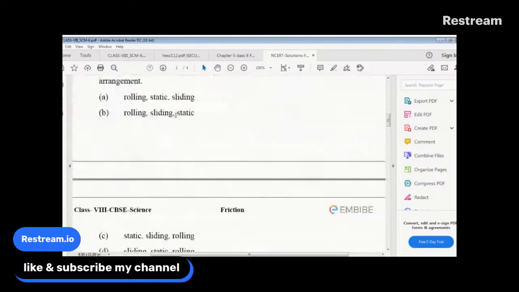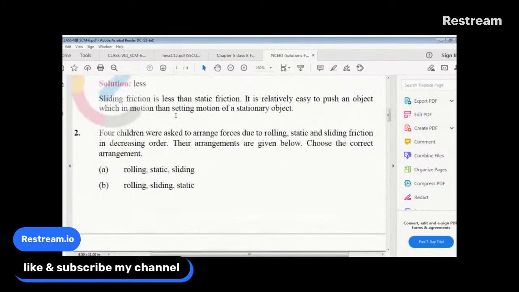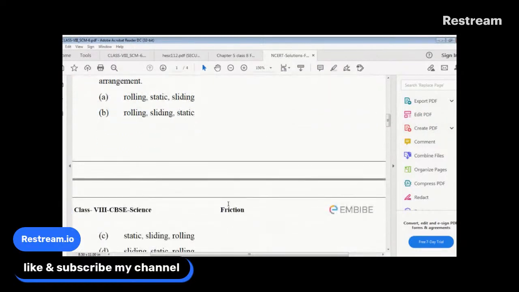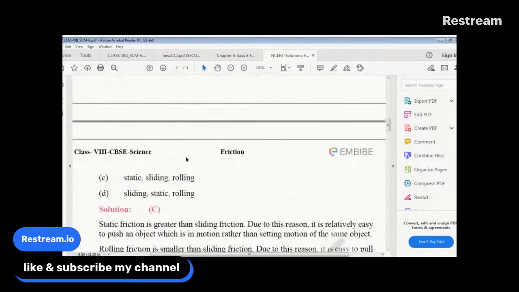The answer will be, oh sorry, it is in decreasing order, right? So it will be static, sliding, and rolling. I think there is a typing error here, because I thought decreasing meant from the bigger one to the smaller one, but there is something wrong with the answer.